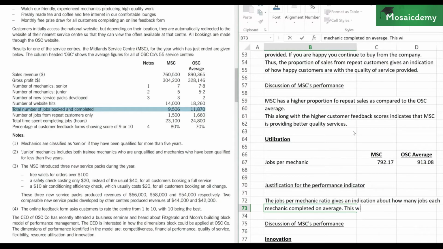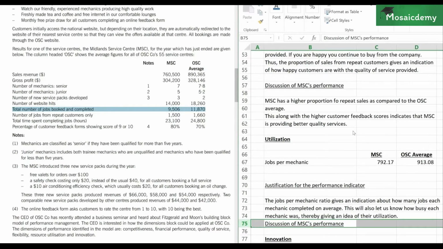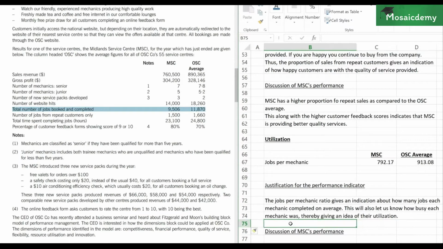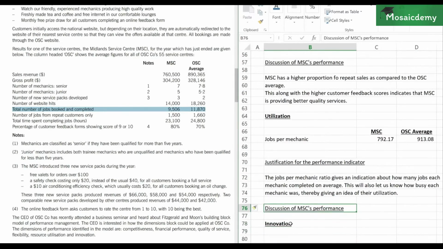This will also let us know how busy each mechanic was, thereby giving an idea of their utilization. In real life, companies often use booking hours on a job to see how much the utilization is, but like I said, that doesn't necessarily mean they're being productive, right? A worker could work for 8 hours and do nothing, or work for 1 hour and do a lot. So that's why personally I would say this is a better indicator.